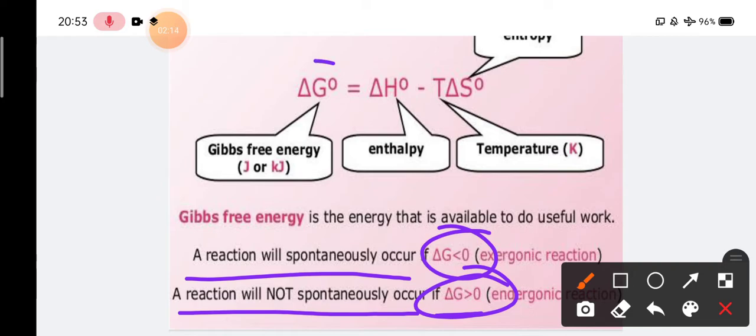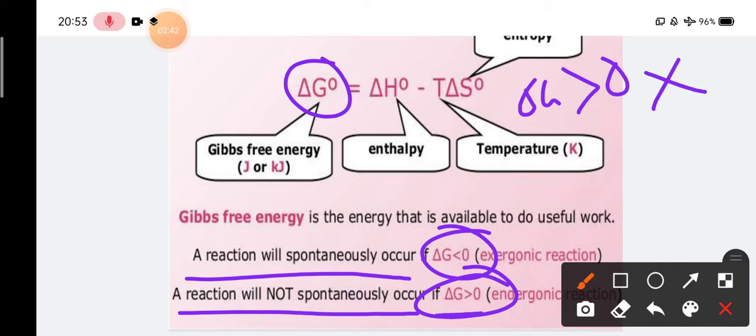So delta G naught is basically a free energy that helps us understand which reaction will be spontaneous and which will not, and it accounts for the available free energy to do useful work. If delta G naught is less than 0, that means negative, then it will be a spontaneous reaction. If delta G naught is greater than 0, then the reaction will not happen; it will be non-spontaneous.